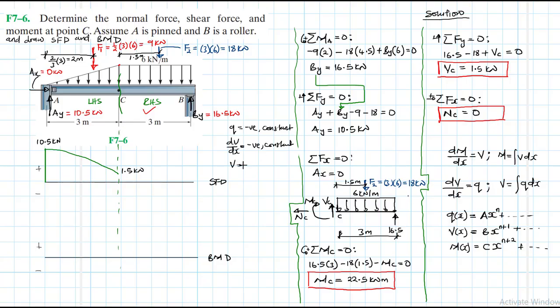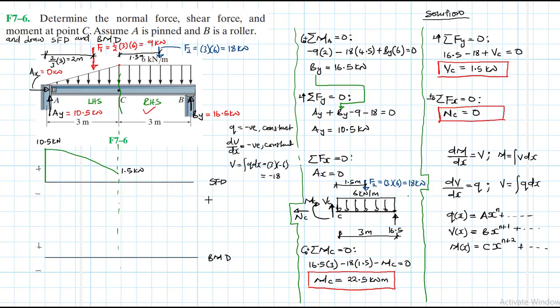And the magnitude of our slope is just the area under the load diagram, which is 3 times negative 6, which gives us a negative 18.